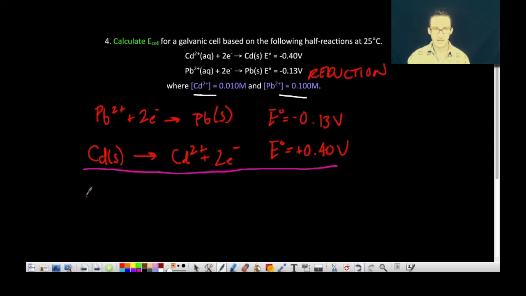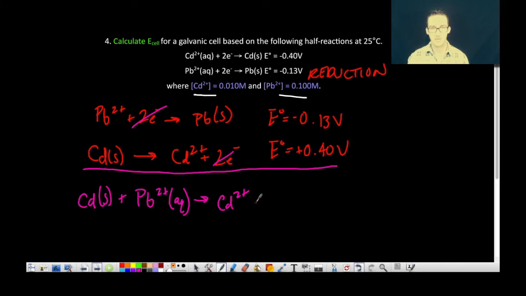We're going to get Cd plus Pb2+. Our electrons cancel out. We're going to get Cd2+ plus Pb.